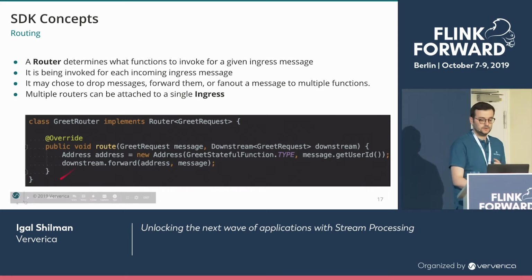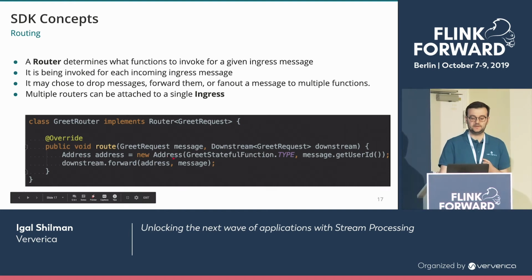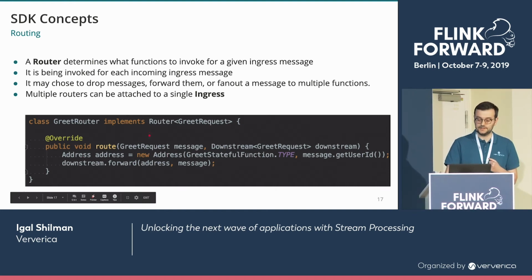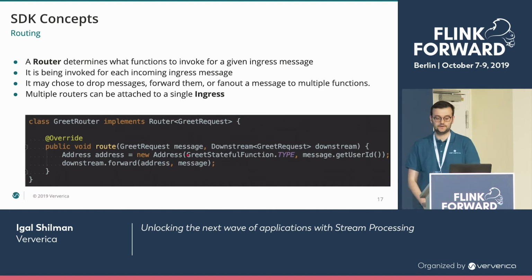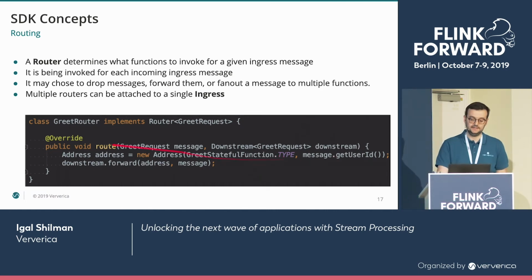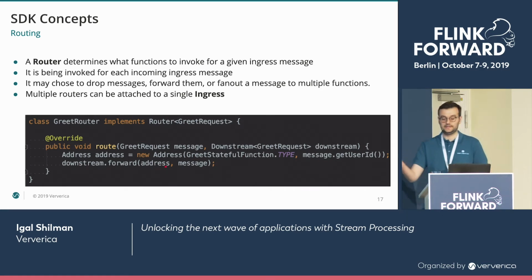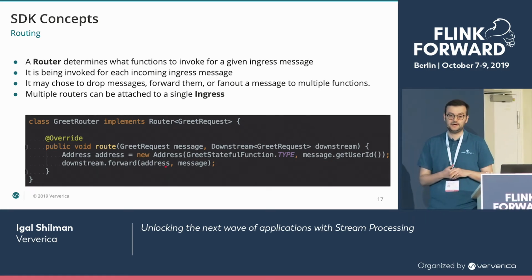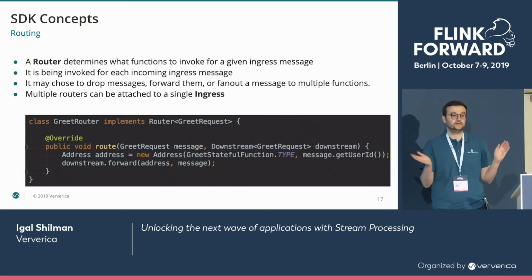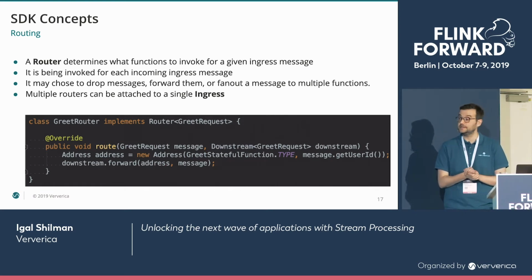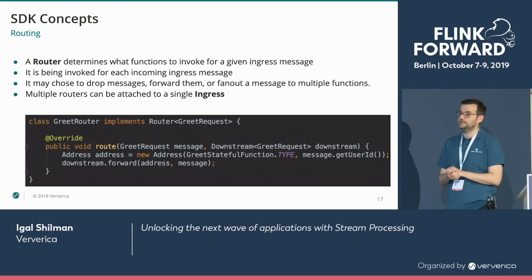Basically what you have to do is supply an address for that incoming message. So I have here a GREET request. I know that it should go to a GREET stateful function, and that is keyed with that user ID, and then it will just be forwarded. You can decide by inspecting this message that you will be dropping it on the floor, for example, because it's not applicable, or you can actually create a fan out.